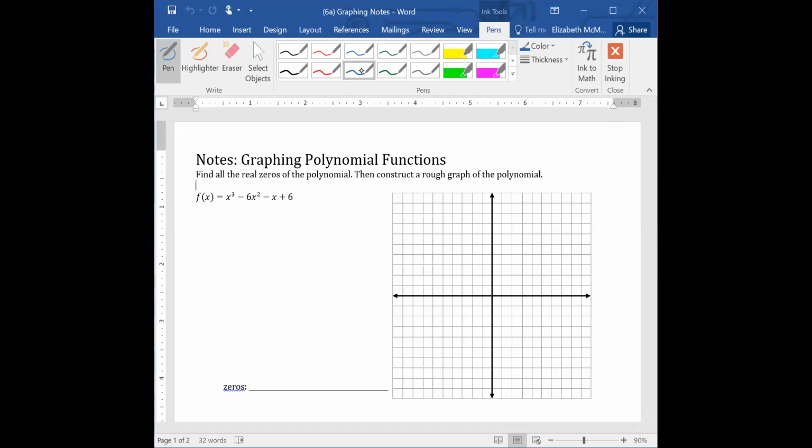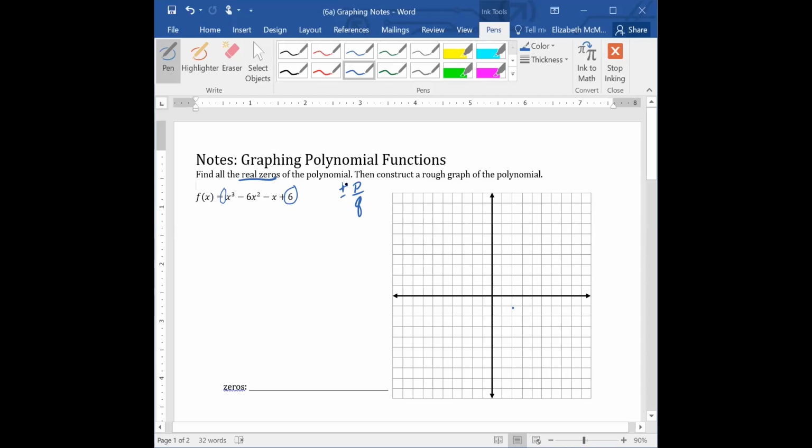Our instructions say to find all the real zeros of a polynomial. Remember, we learned last lesson that to find all of the real zeros, we first have to find a list of potential zeros. Our formula for that was plus or minus p over q, where q was the leading coefficient and p was the constant, and not just the constant or the leading coefficient, but all the factors of it.